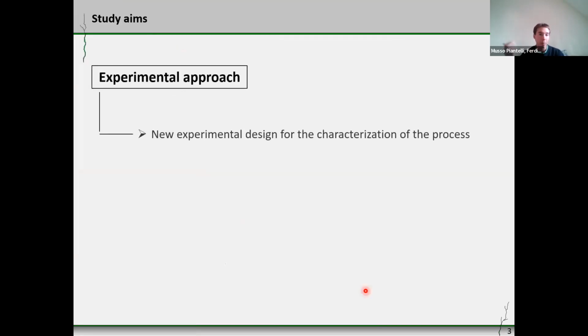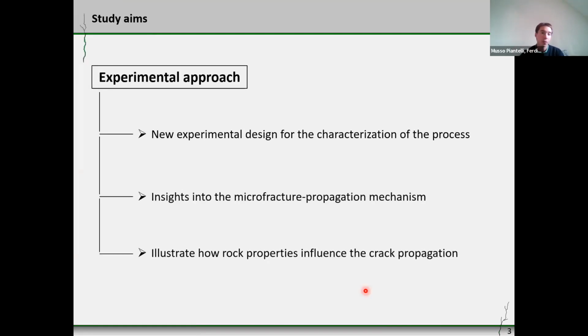We followed an experimental approach where we first tried to design a setup where we could really prove and see how this process works, investigating the mechanism on its own, and then try to understand how the rock properties influence the breaking and the process of frost wedging itself.